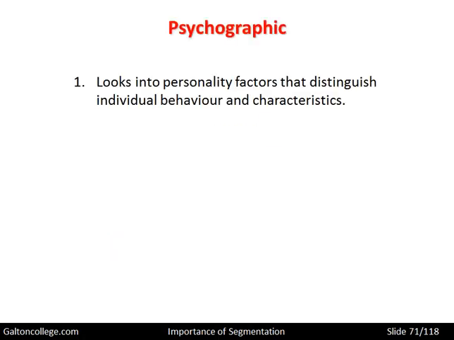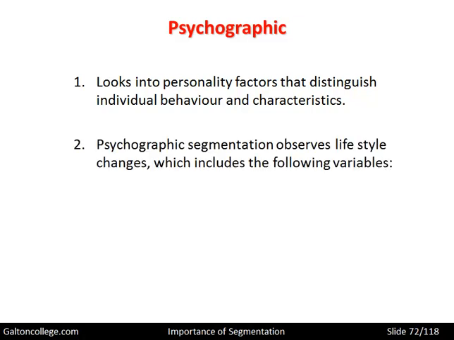The psychographic, well, looks into personality factors that distinguish individual behavior and characteristics. So this is looking at personality types and different factors that can influence people particularly in decision making. But psychometric segmentation observes lifestyle changes which include the following variables.